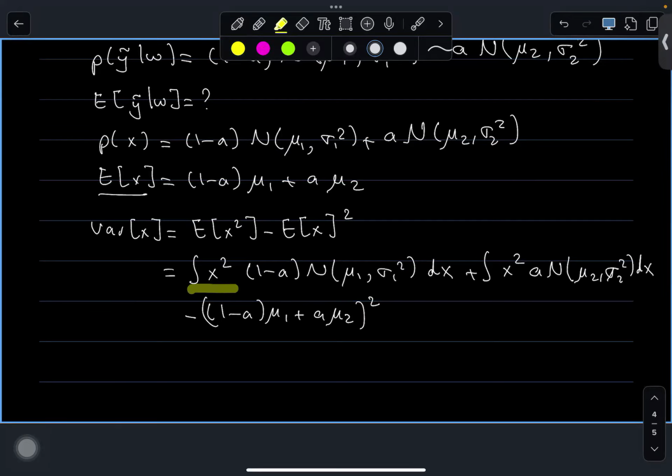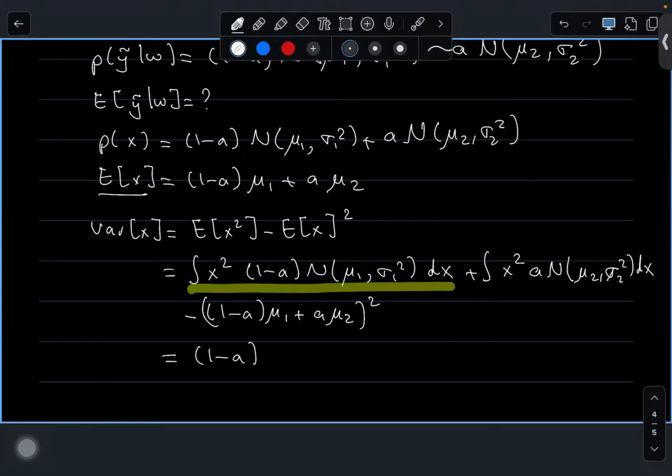This term here is some variable x that we've squared, and it has a mean mu 1 and variance sigma 1 squared.